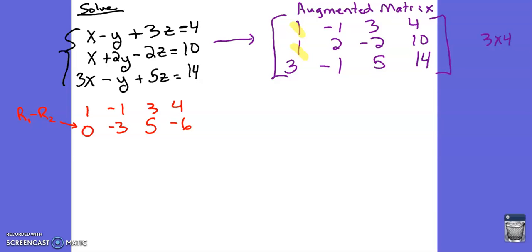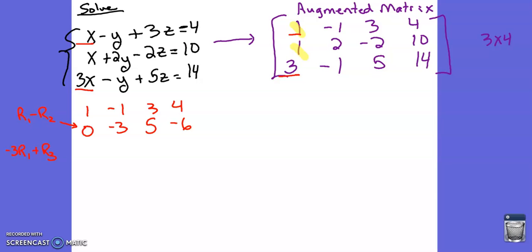So what I'm going to do now is take row 1, and then I'm going to cancel out with row 3. Notice here I have a 3, and then a 1. So if you notice back up here, 3 and then a 1. So I'm going to basically multiply row 1 by -3. So I'm going to take -3 times row 1, and I'm going to add that to row 3.